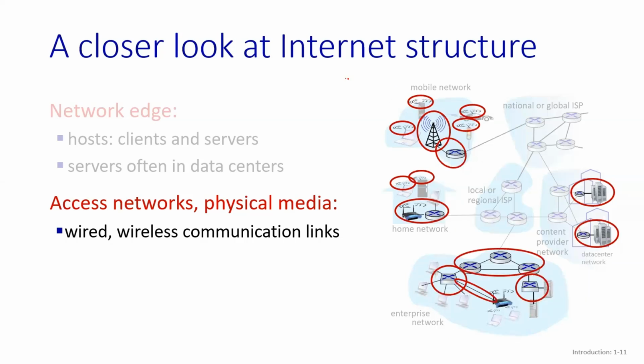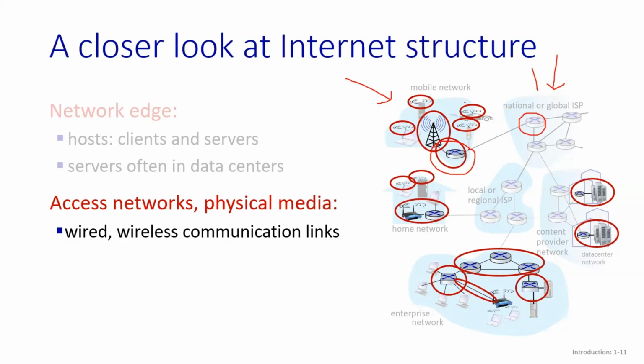So we have connected this mobile network, you can see over here, to this network. These two networks are connected together using these routers. This router is present at the edge of the respective network.